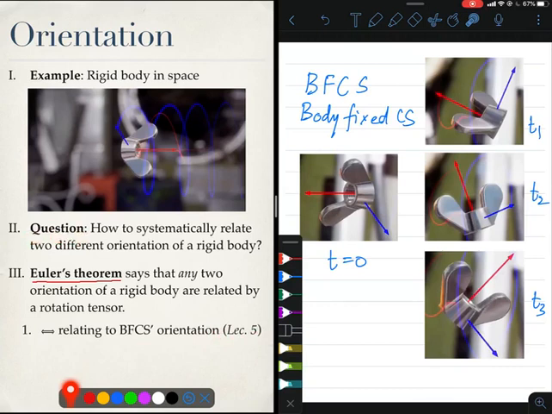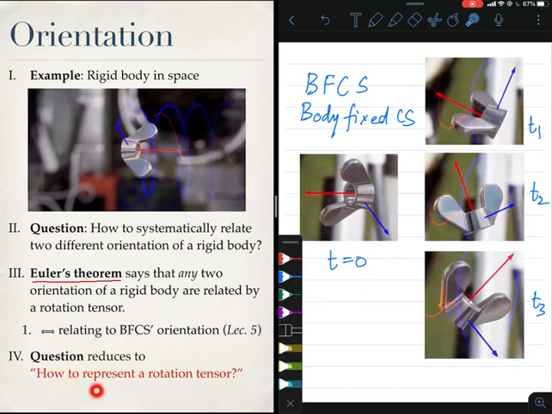So this question of how to systematically relate two different orientations of a rigid body reduces to how to represent a rotation tensor, because if we can represent a rotation tensor, then we can represent systematically the orientation of a rigid body and thereby relate it to any other orientation.